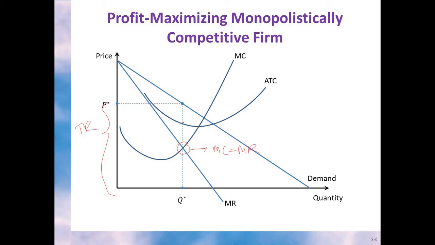At this Q star, this is our ATC value here. The smaller rectangle is the total cost, average total cost multiplied by Q. So the profit is this area. This is how we illustrate profit for a monopolistic competitive firm, just like what we have learned in monopoly.